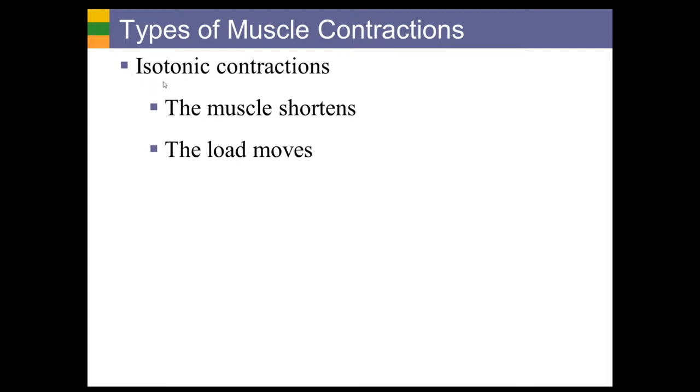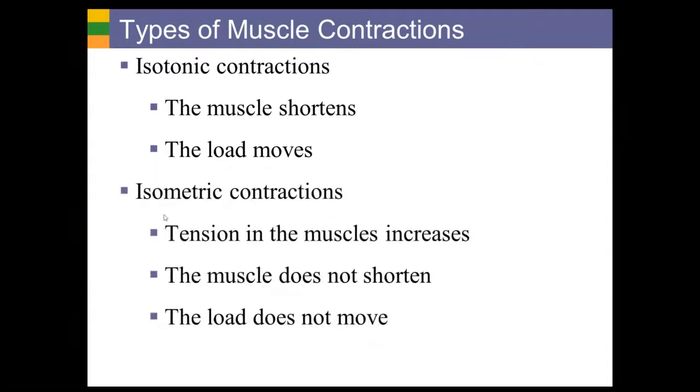Iso means same. Isotonic contraction means same tone or same tension. An isotonic contraction occurs when a muscle shortens and the load moves.